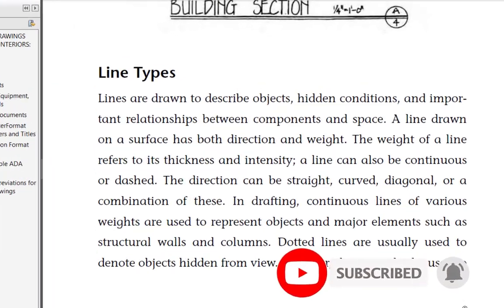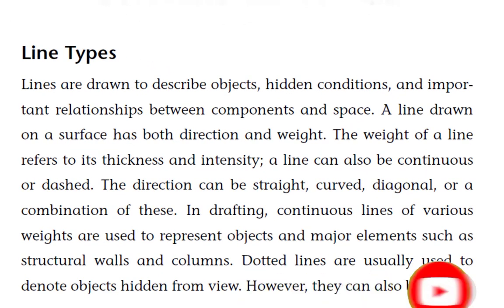The weight of a line refers to its thickness and intensity. A line can also be continuous or dashed. A direction can be straight, curved, diagonal, or a combination of all these. In drafting, continuous lines of various weights are used to represent objects and major elements such as structure, walls and columns. Dotted lines are usually used to denote objects hidden from view.